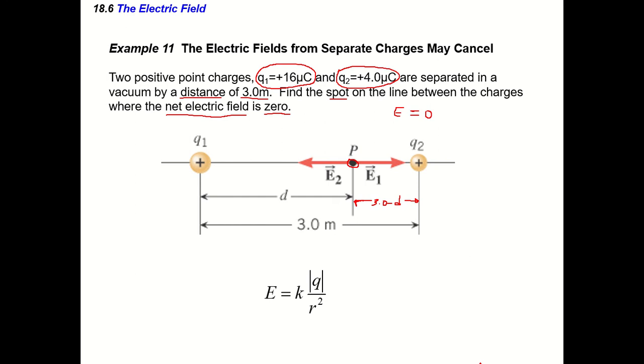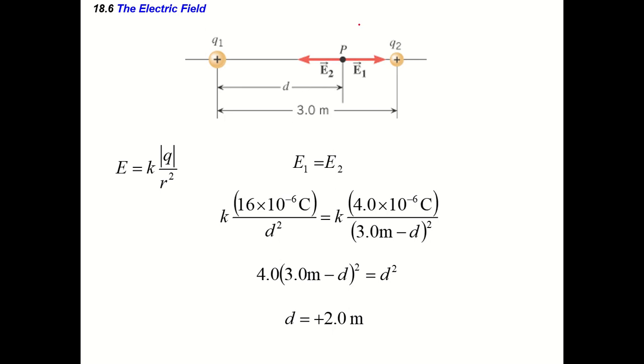Alright, so using that relationship, then we can solve for the location. Actually, we are asked to solve for D here. That is the distance D. Okay, so E equal to K times the charge divided by R squared. It says that the net electric field is 0.